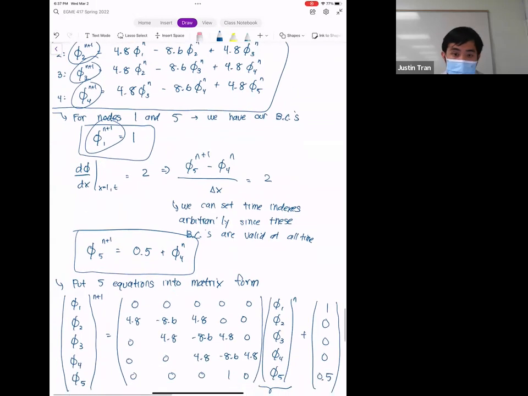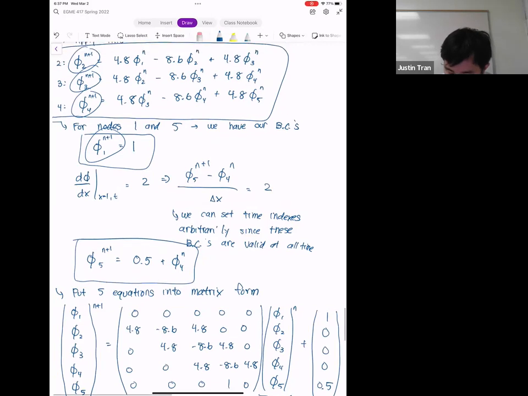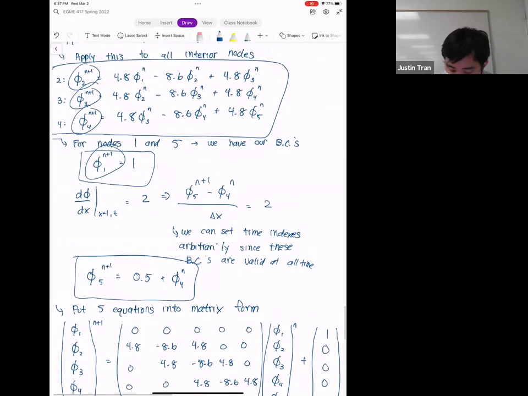Why did you do it based off the delta x? I was just looking at it because I thought it'd be cool to do the delta t based off time. Yeah. So the delta x here comes from the fact that we have a derivative in space right here, right?